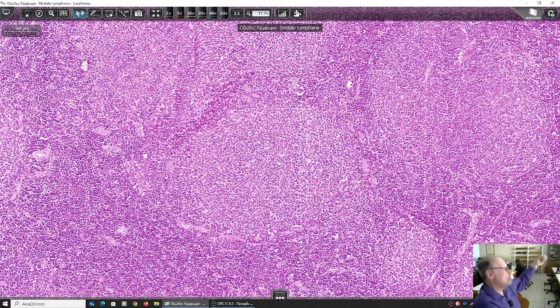And being a non-Hodgkin lymphoma with a follicular pattern, do you expect it to be of B cell lineage or of T cells? If this is a lymphoma, and these are lymphomatous nodules, what are they possible to be? B cells or T cells? Think. What do B cells form in the normal lymph node? Follicles.